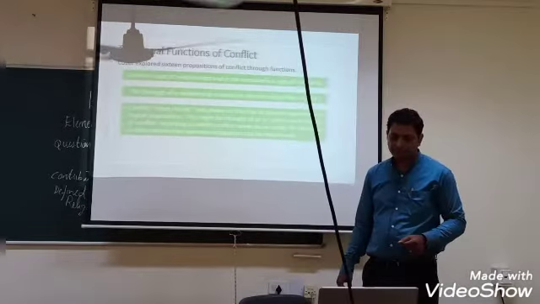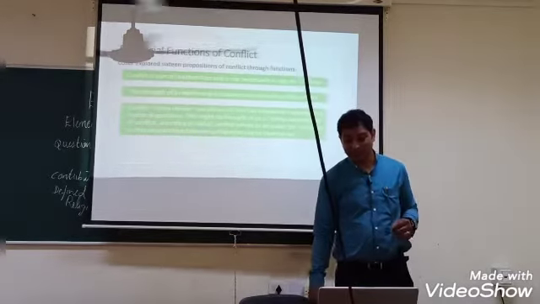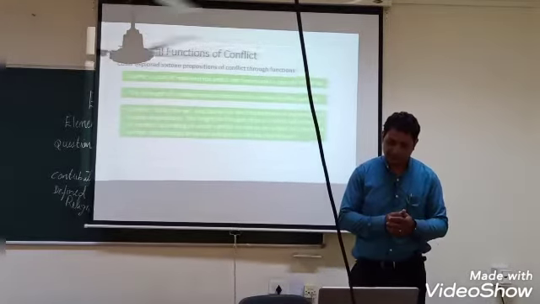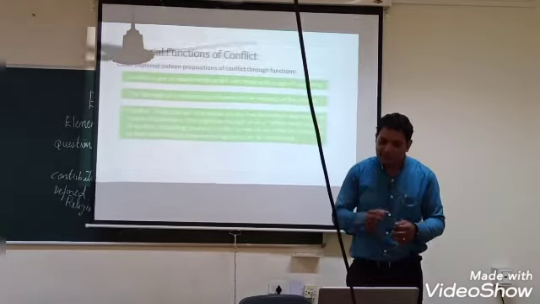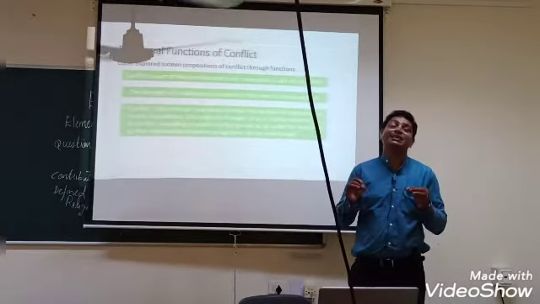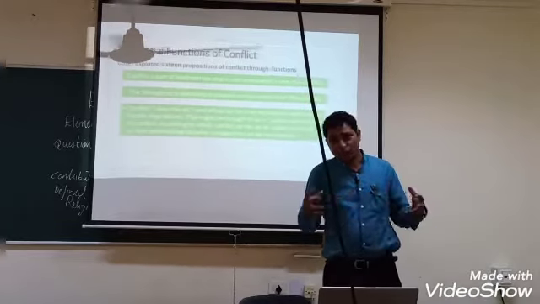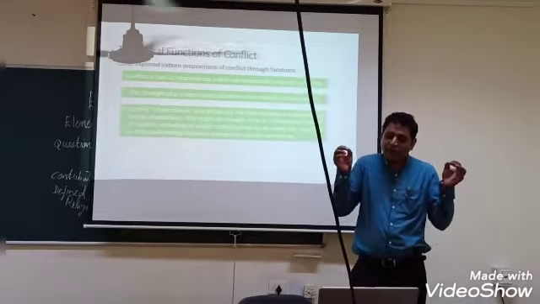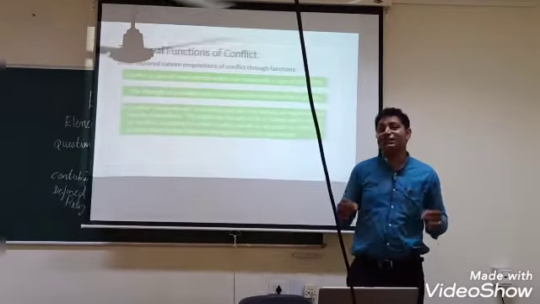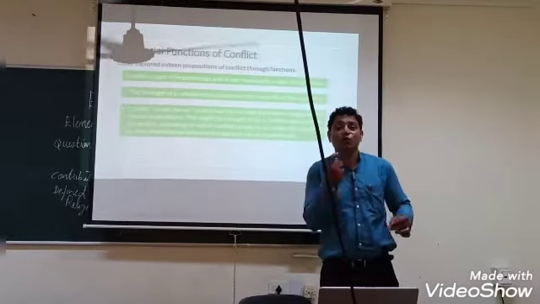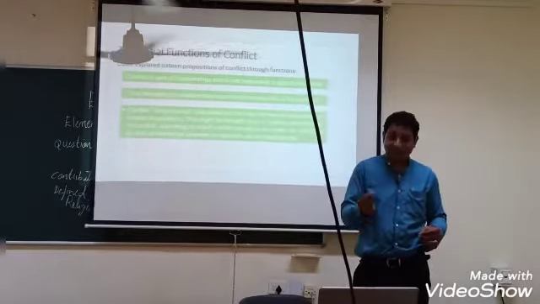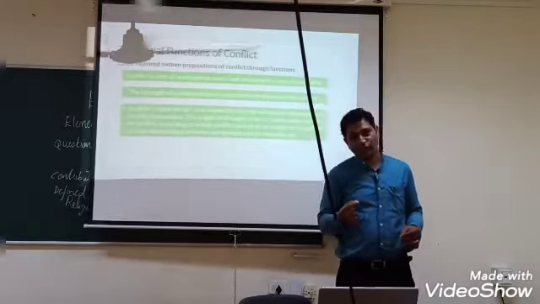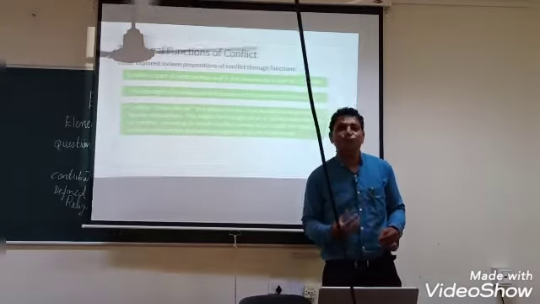Going further, in this book Coser explores 16 propositions of conflict through functions. He says that conflict is a part of a relationship and is not necessarily a sign of instability. One of his propositions is that conflict is a sign of stability in a relationship, because with the help of conflict you can test its strength.